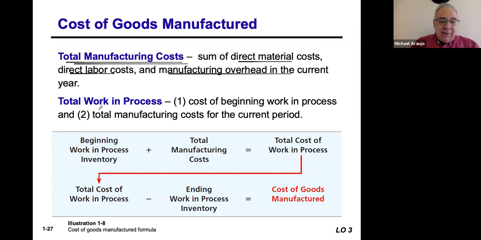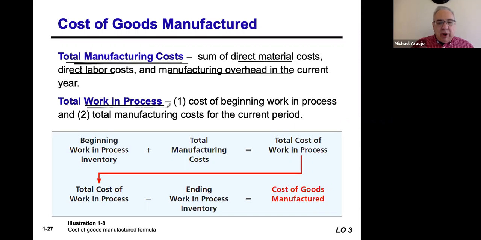You are, however, going to have what we call work in progress, or work in process, sorry. Again, between that stack of wood and the finished product, which is a nice table and chairs already painted and shellacked or whatever they do with them to make them shiny, there are products that are going through the process of going from a piece of wood to a beautiful table and chairs.